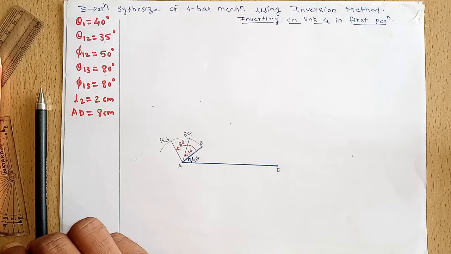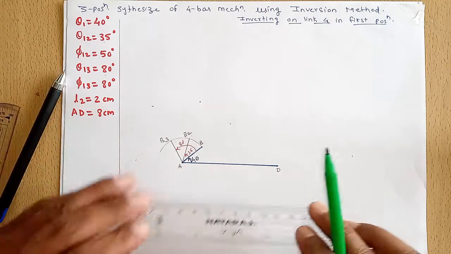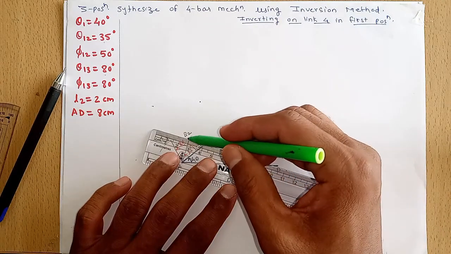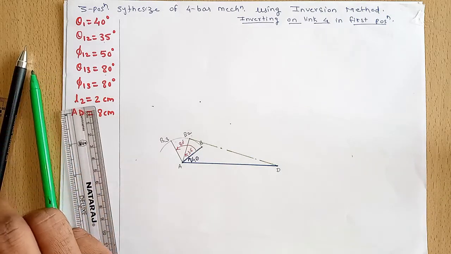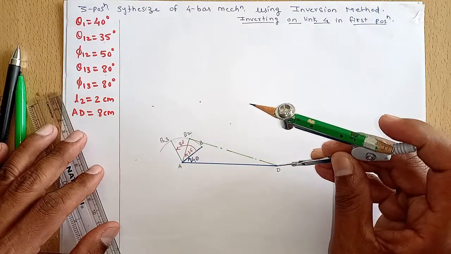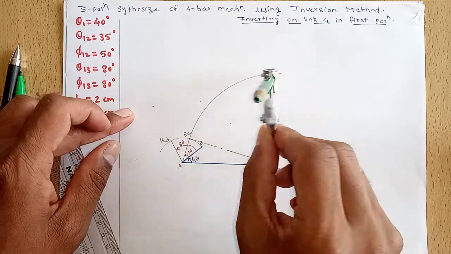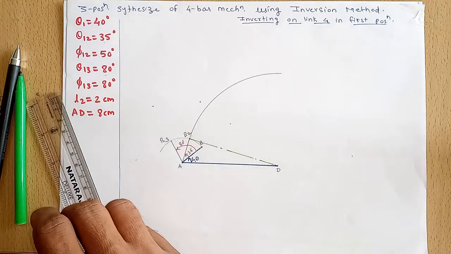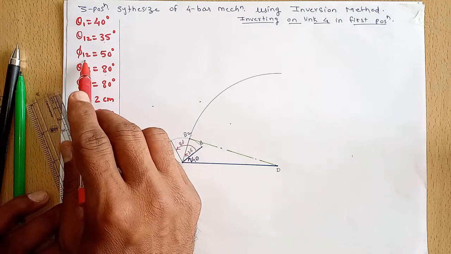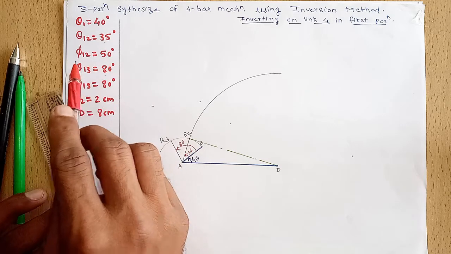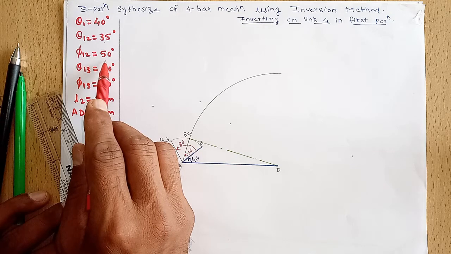Next we join point B2 to D. We will rotate this point B2 about D like this, in the reverse direction by an amount of theta 512. The angle between the first and second position of the output link is 50 degrees. We are inverting on link number 4 in first position.